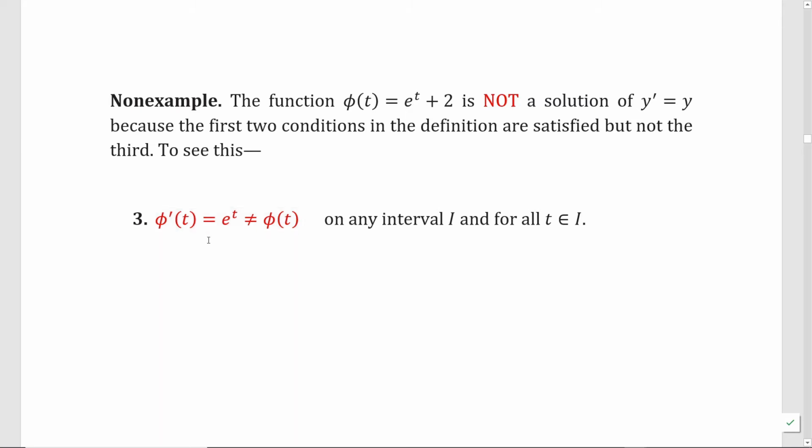Phi prime equals e to the t, which is not equal to phi of t, because if we substitute the value of phi and its first derivative into the equation, for no value of t is the equation true. Hence, this function is not a solution of this differential equation.